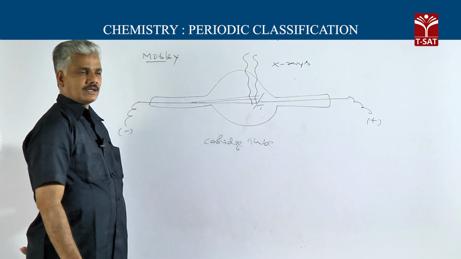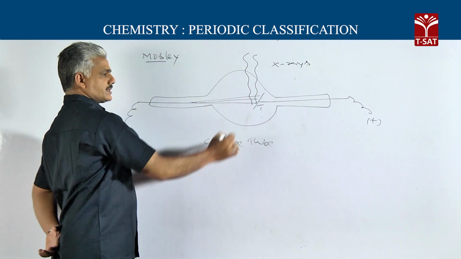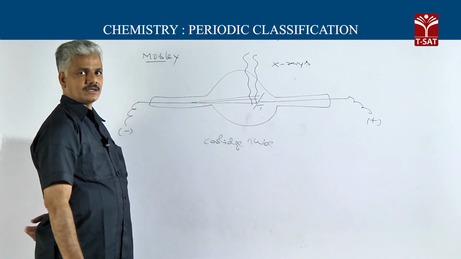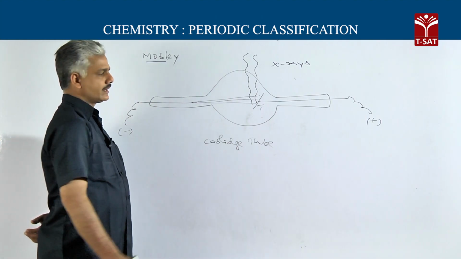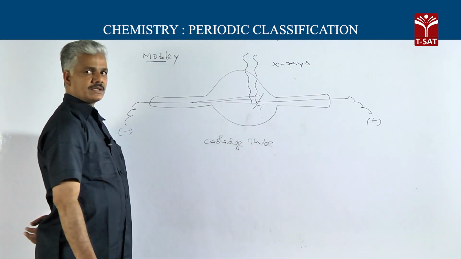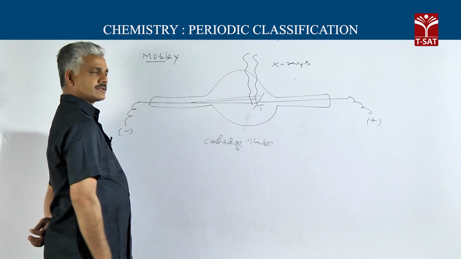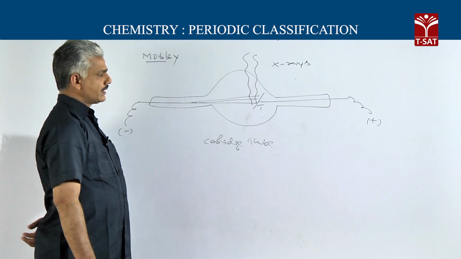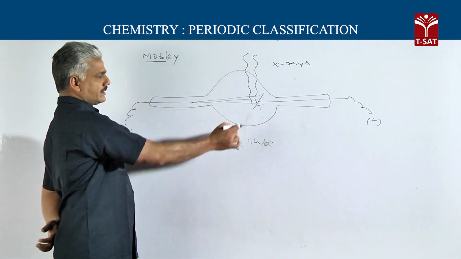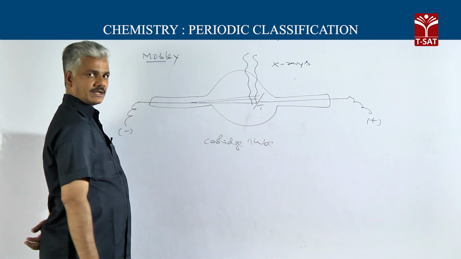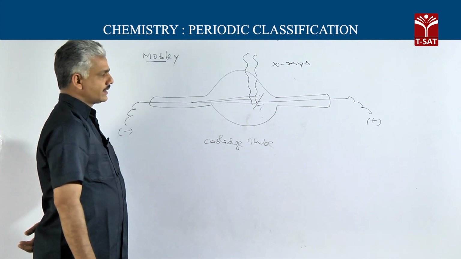What Moseley did was change the target element. At the time of Moseley, 32 elements were known. With each element, a new target was made and X-rays were produced. He observed that whenever the target element is changed, the frequency of X-rays generated was changing.